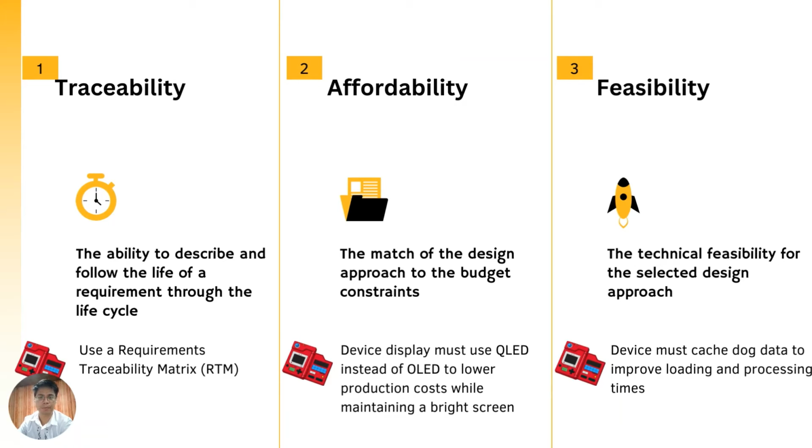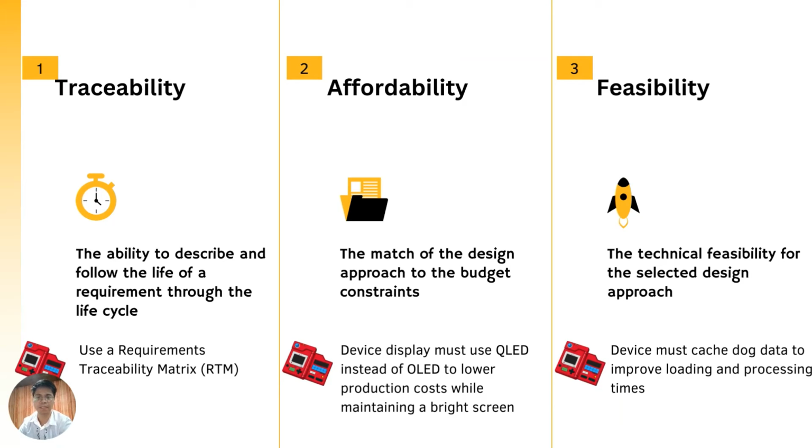For our DoggyDex project, the traceability can be resolved by using a requirements traceability matrix or RTM, which we'll discuss later in this session. For affordability, since there might be a requirement that the device must have a bright screen, the requirement may also specify to use a QLED display instead of OLED to lower the production cost.